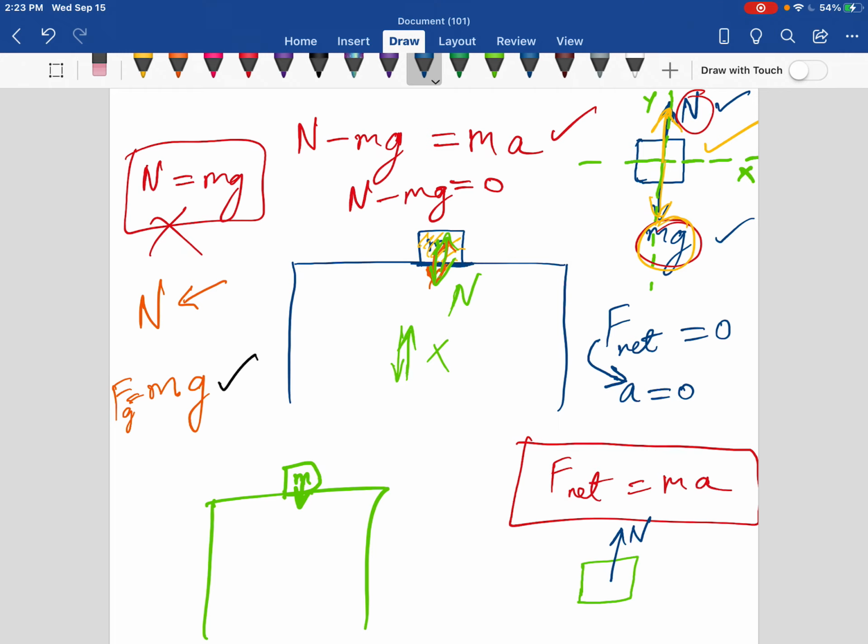I just drew one N this way because this is the force which the table is applying on that box, right? But in reality, the table applies a force on the box and the box applies a force on the table. That is how it actually happens. However, I just drew the part which is the table applying the force on the box.